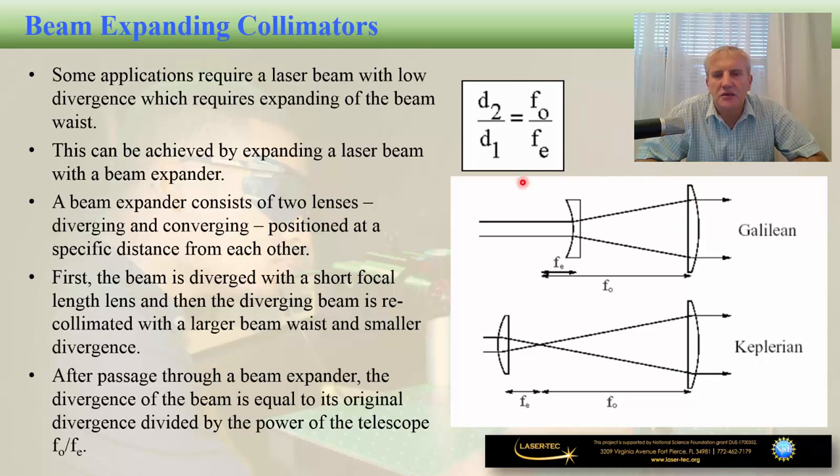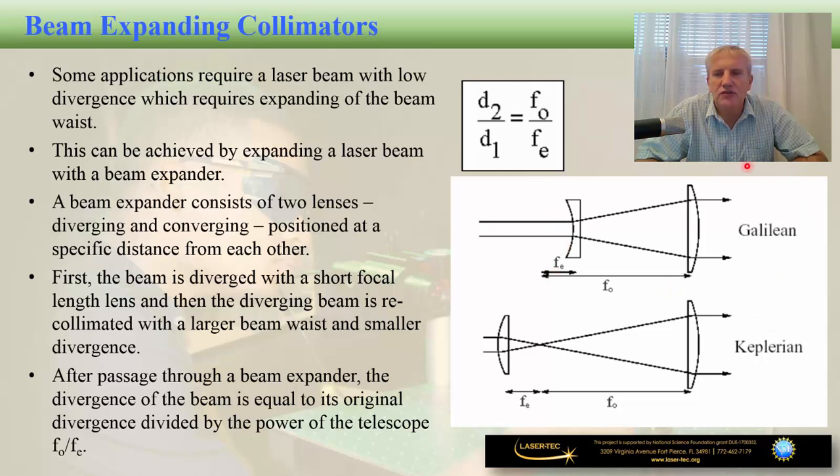So if you look at this optical system here, shown as a Galilean, you can see that on the left side you have the laser beam that's very narrow and does not diverge that much, meaning if you take any cross section along this laser beam, you can see that the diameter of the beam is the same.